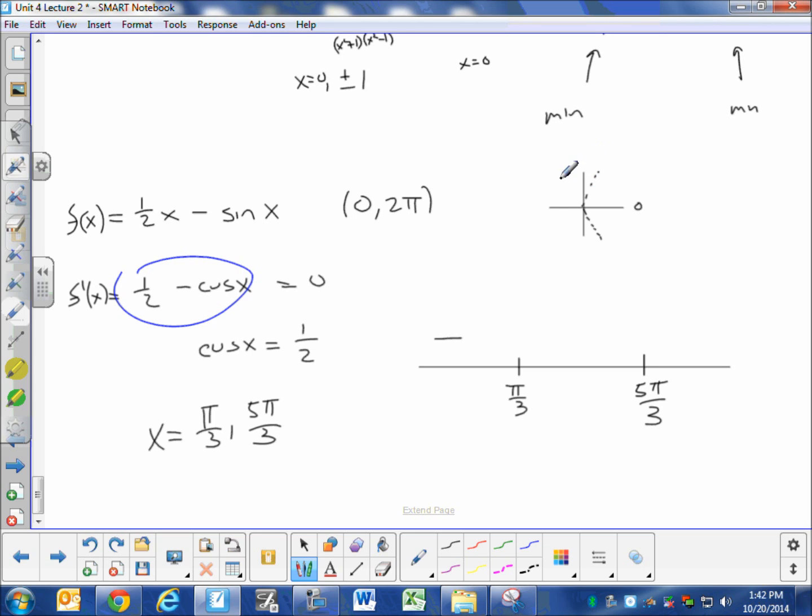From pi over 3 to 5 pi over 3, I can use the test value of pi. So in here, I'll test pi. Cosine of pi is negative 1. I have 1/2 minus a negative 1. That'd be a positive. And finally, I can look at 2 pi. We'd see this as a negative. So decreasing to increasing from left to right at pi over 3. This is a min. Increasing to decreasing should be a max.